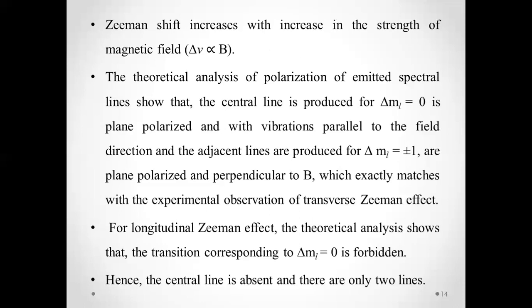For the longitudinal Zeeman effect, the theoretical analysis shows that the transition corresponding to delta ML equal to 0 is forbidden. Hence, the central line is absent and there are only 2 lines.